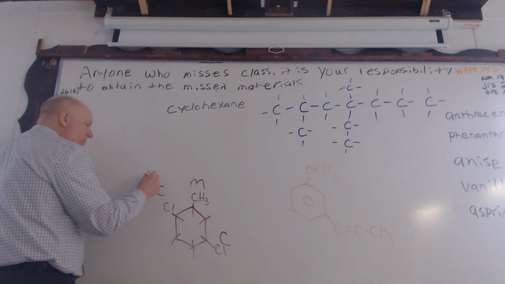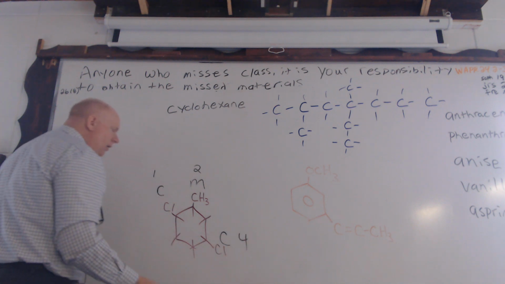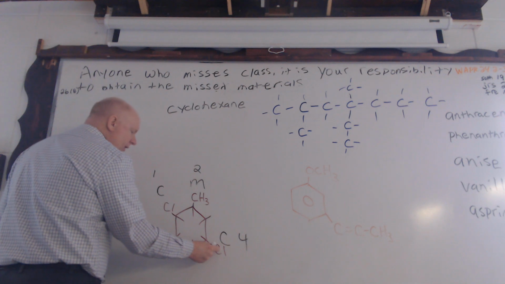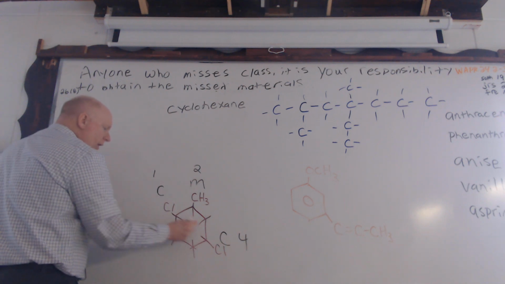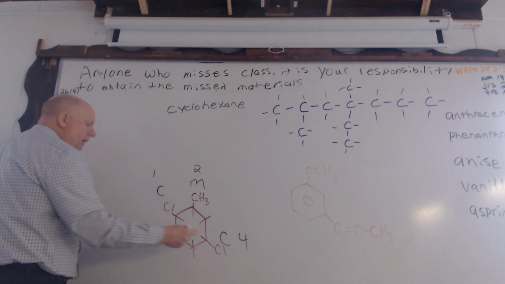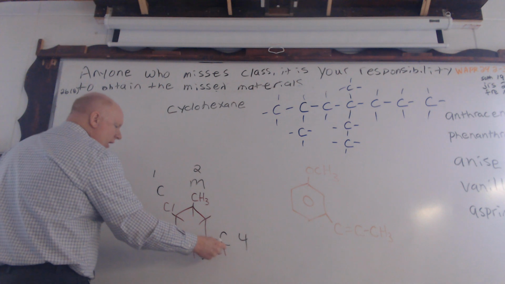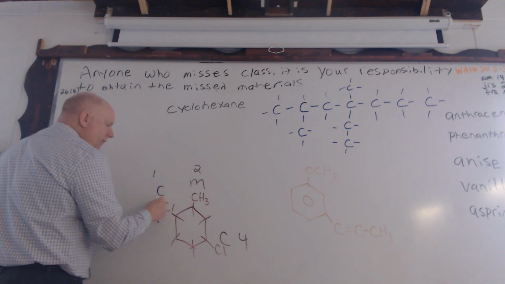Well, then we end up at 1, 2, and 4. Or if we pick this one and decide to go this direction, we're in the same boat. We've got 1, 4, and 5. That's too big. If we pick this one and go counterclockwise, then we're sitting at 1, 3, and 4.